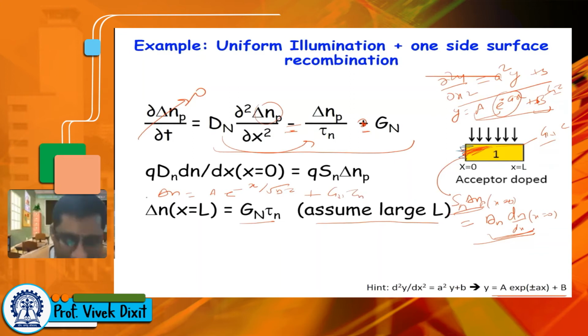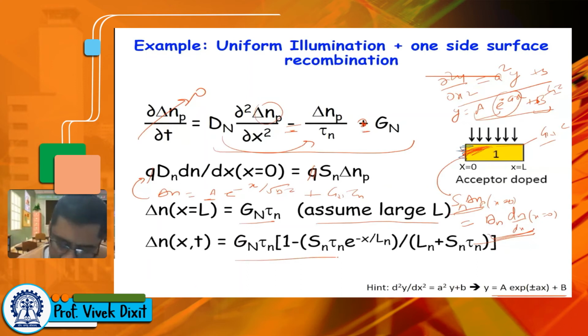Now when you substitute it into this equation, you can obtain the coefficient A, because at x equal to 0, Sn times delta n should be Dn times dn by dx. Q is the same, so it will cancel out. That will give you the coefficient A. So the final expression will be something like this.